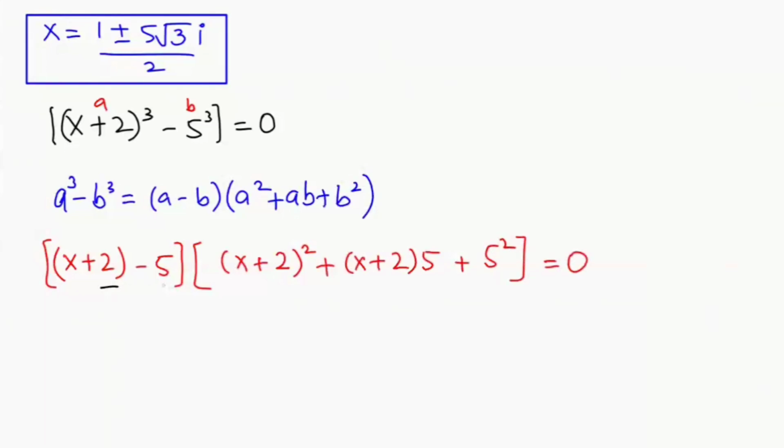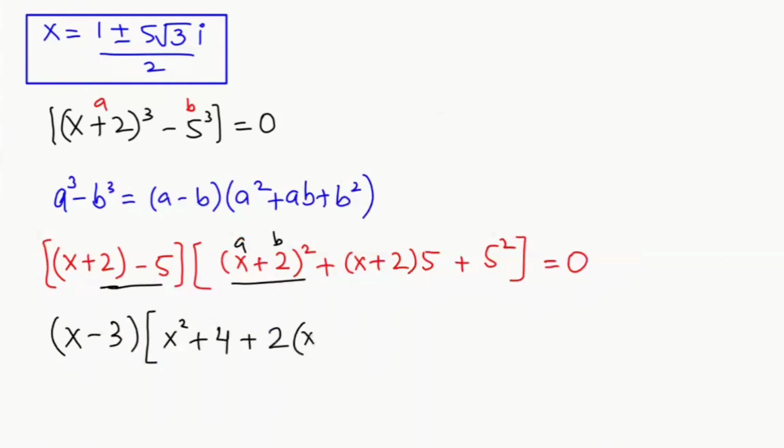Now we are going to solve this. So x minus 3, and here I'm going to solve this by the algebraic identity, that is (a plus b) square is a square plus b square plus 2ab. So this is our a and b. X square plus b square is equal to 4 plus 2. Our a is x and b is 2. And this 5 I'm going to multiply with this. So here I will get 5x and plus 10.